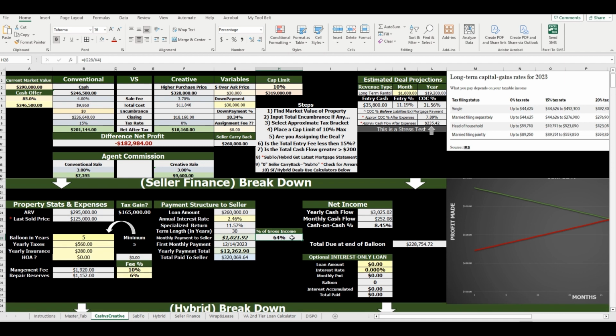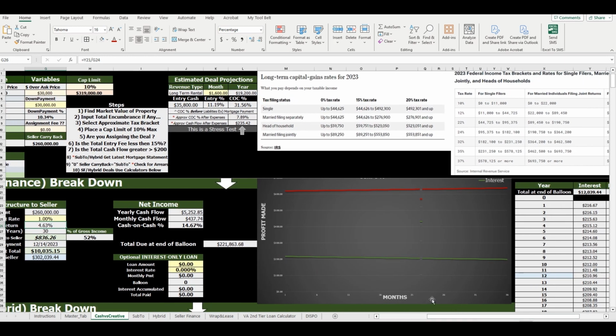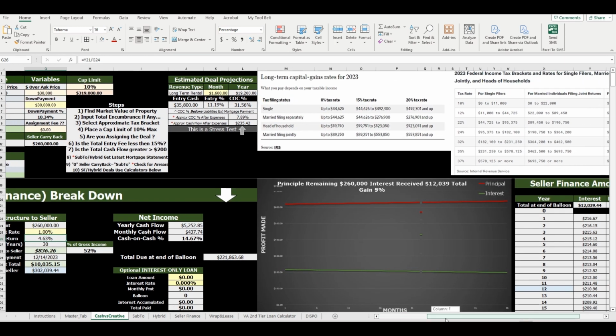What we might want to do here is reduce that interest percentage, because it controls the monthly payment being received by the seller. Let's see if we can get that down closer to 50%. But mind you, by doing so, the monthly payment to the seller is going to go down, and the interest on paper that's being returned to the seller is also going to be significantly less.